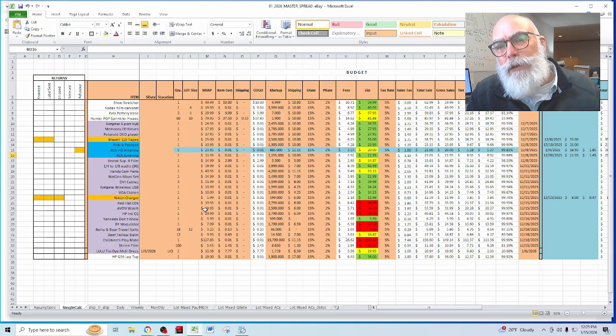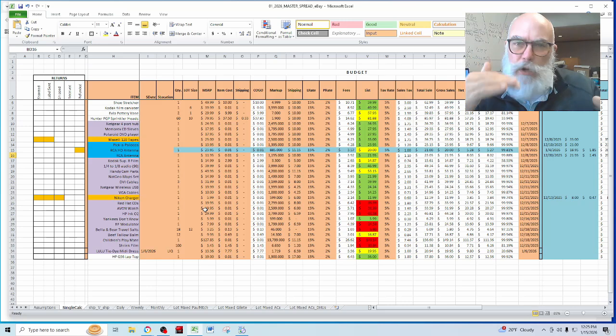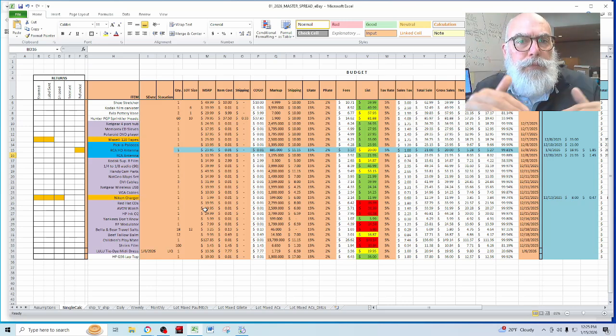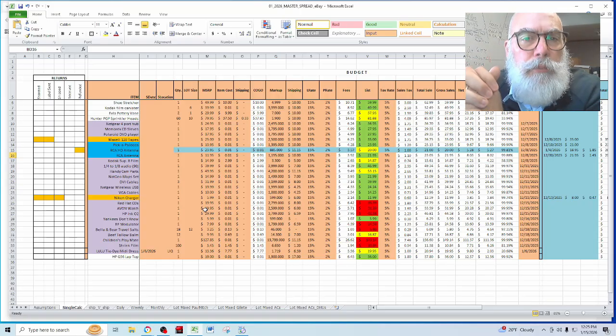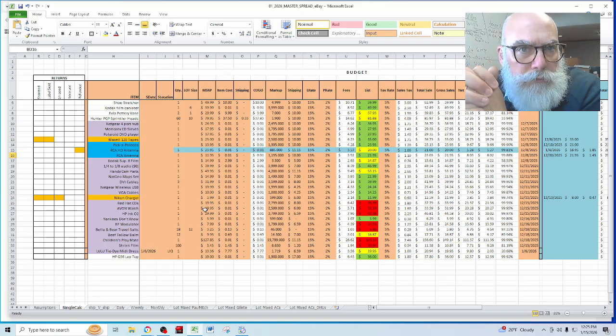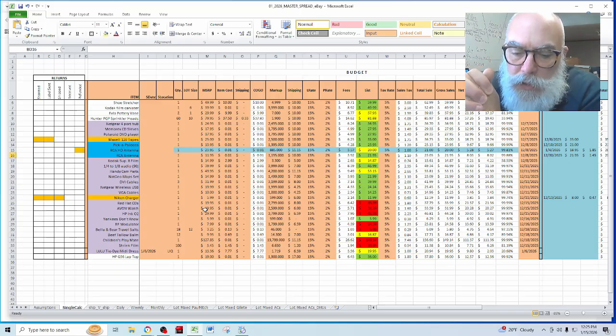a higher quantity or a larger quantity of SKUs in order to start generating revenue and start generating funds for then going out and purchasing some of these larger ticket items that I want. Because then I can sit on the inventory, and if my break-even point doesn't happen in that first month, I'm okay.